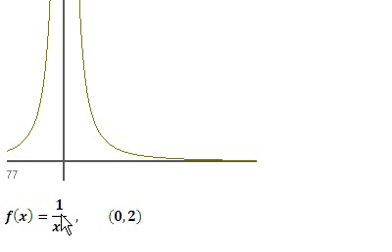Okay, let's look at this function here, 1 over x squared. And where is this function not continuous? Well, it's not continuous at x equals 0, right? Because we've got a vertical asymptote. But actually, we are stating the domain here. We're defining it to be between 0 and 2.